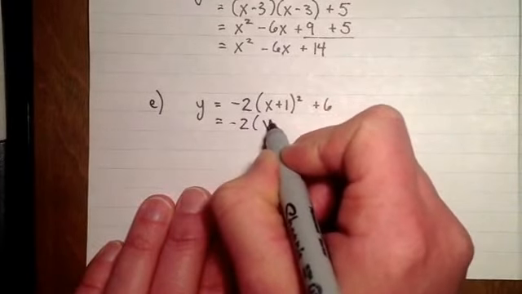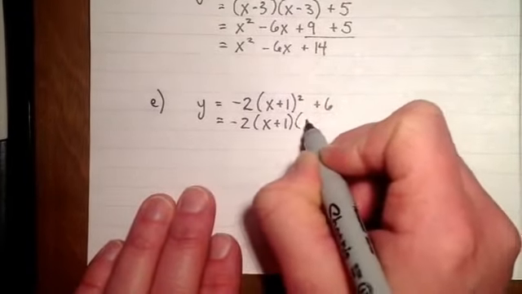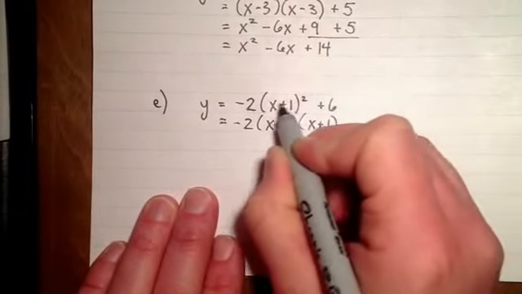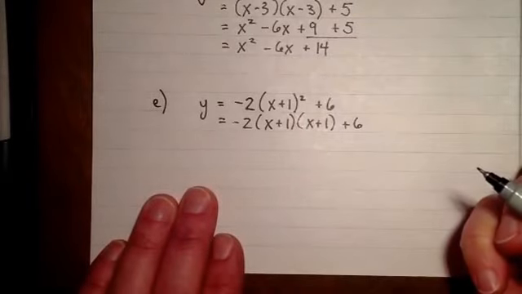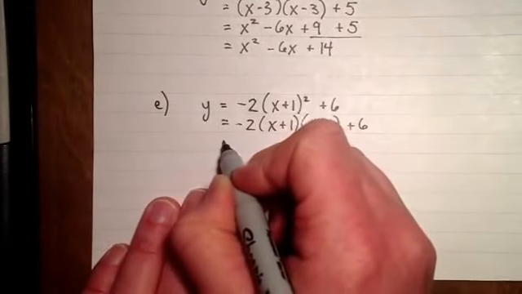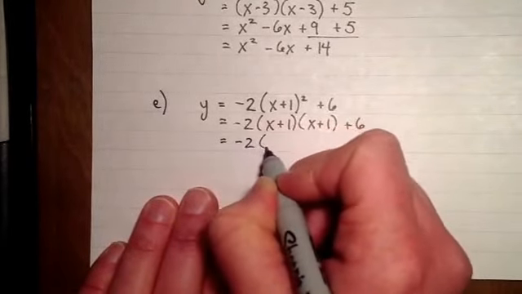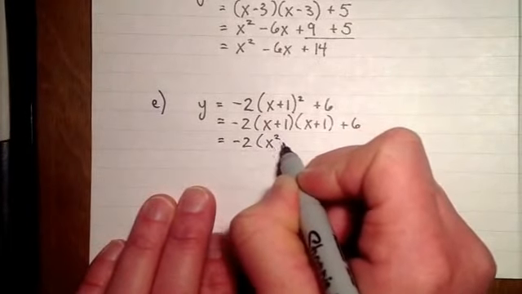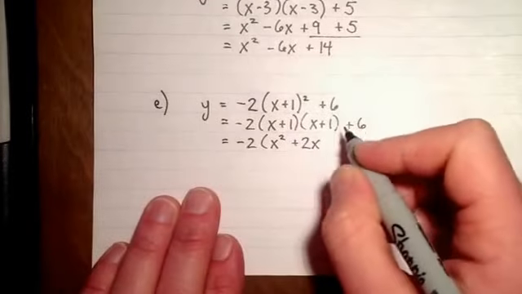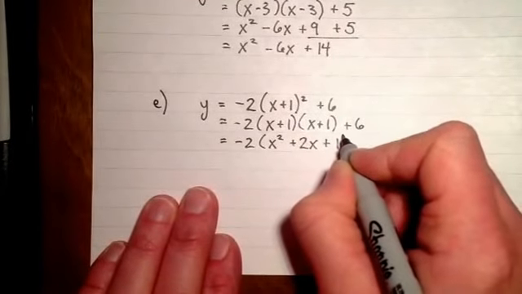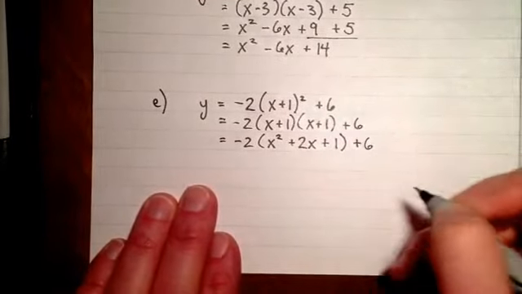So you've got to square the x plus 1 on its own. The order of operations says that only the x plus 1 is squared. So we've got that. And now you can multiply these out in whatever order you like. I like to do these first. So x squared plus 1x plus another x is 2x. 1 times 1, remember, is 1, not anything else, plus 6.